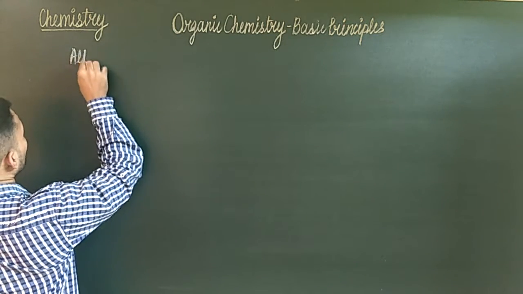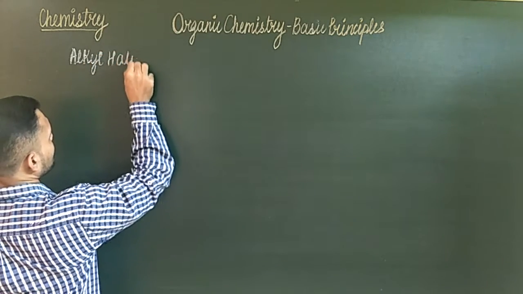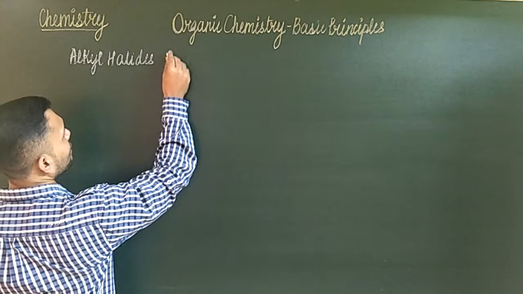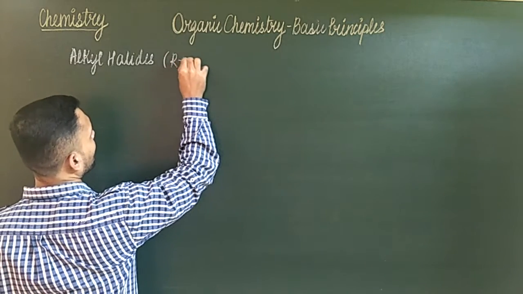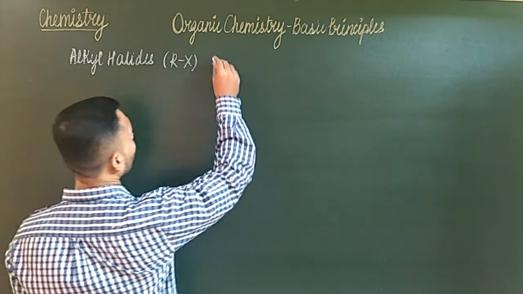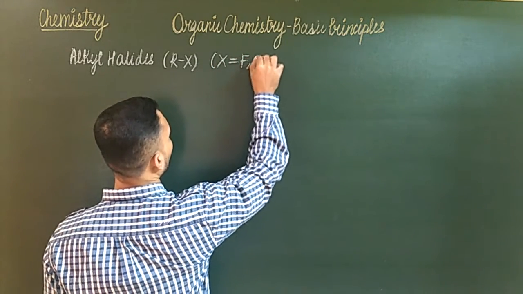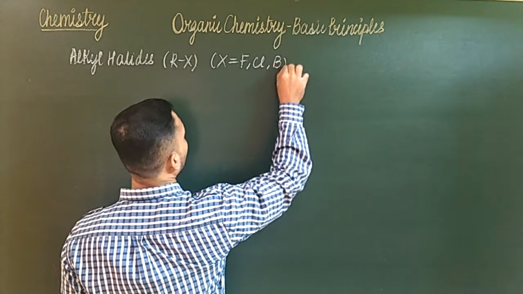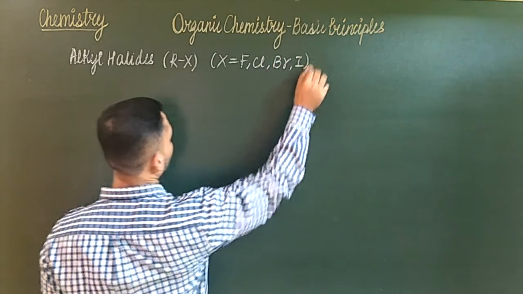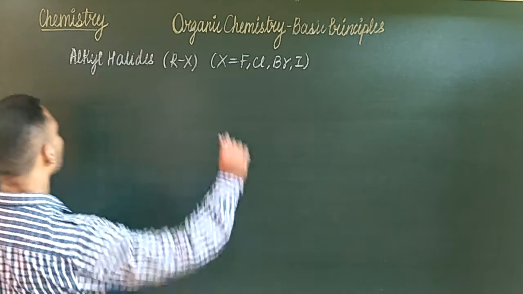Okay. So alkyl halides are generally represented by RX, where X is the functional group and stands for halogens like fluorine, chlorine, bromine and iodine generally. So this is the functional group.